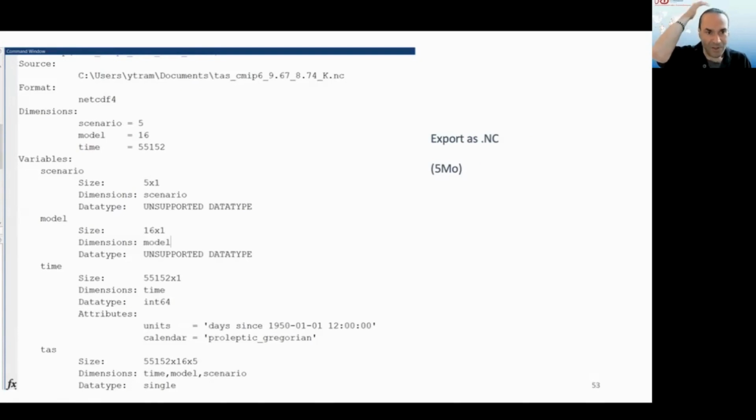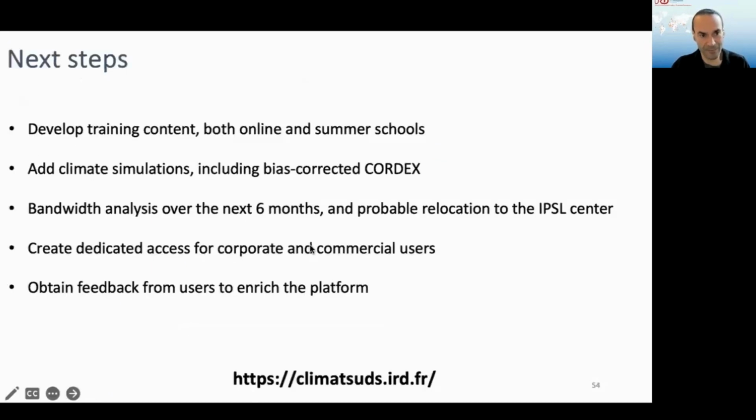You will have here the description of the NetCDF file. Here it's an example for the temperature, the surface temperature, CMIP6. And you have the dimensions. It's always a vector, so it's not a big file of data. But you can have different variables in the same file. You can have different climate models in the same file as well.